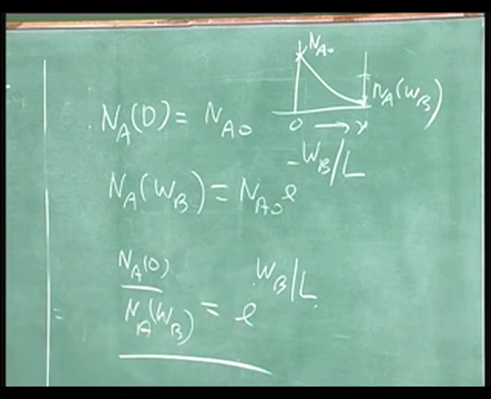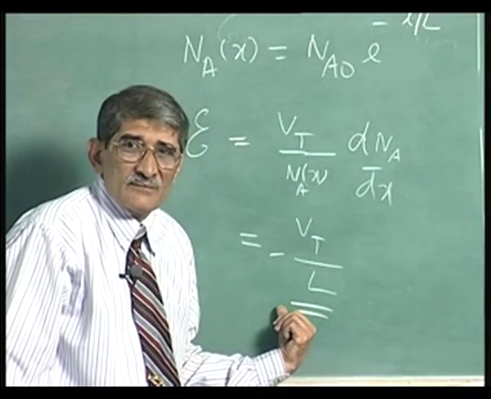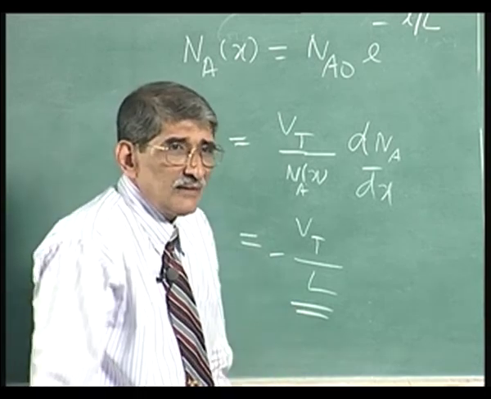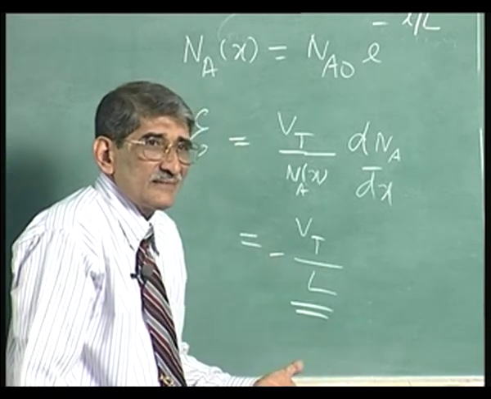So, W by L is equal to 4. If W by L is 4, and Wb is let us say 0.4 micron, I am just giving an example, then L will be equal to 0.1 micron. I am just computing some number, to see what is the order of the field here.